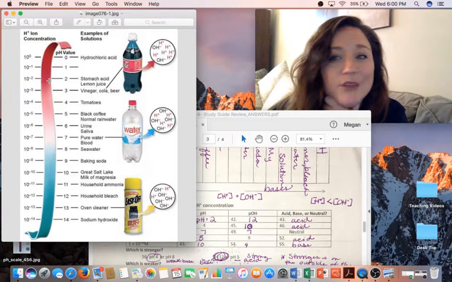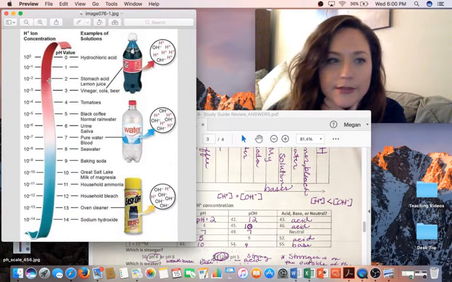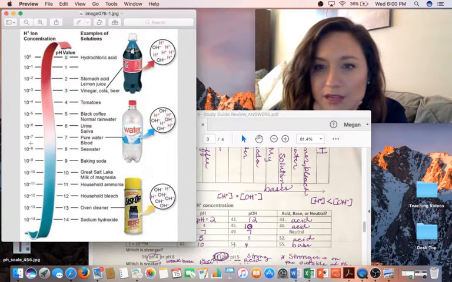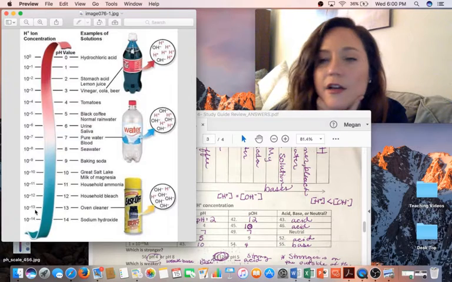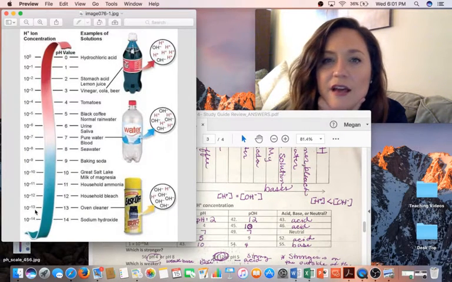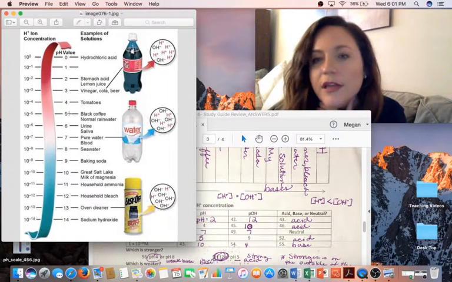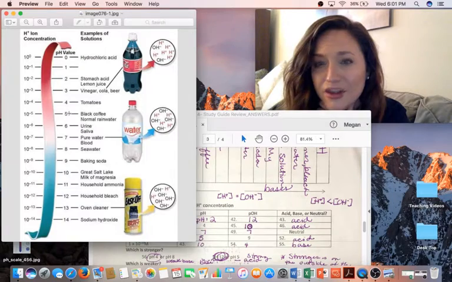Again, if you have 10 to the negative 4, you will be a pH of 4. Seeing the correlation, guys? If I have a pH of 7, I'm going to have 10 to the negative 7. If I have a pH of 13, I'm going to have 10 to the negative 13. There is a direct correlation between the pH number and the concentration.